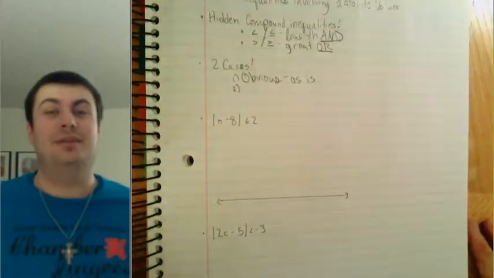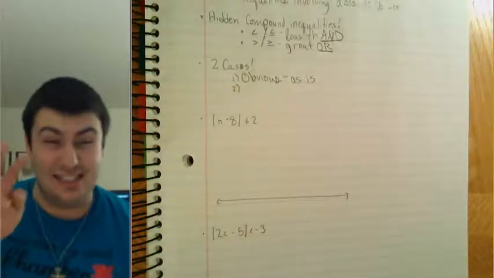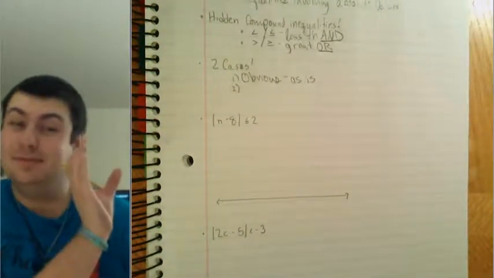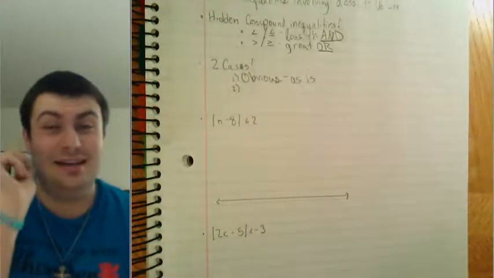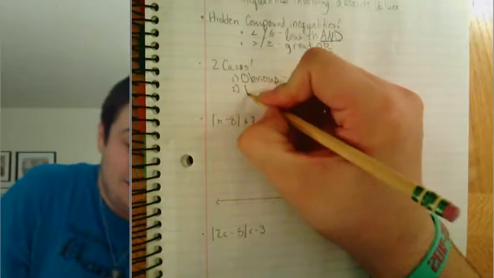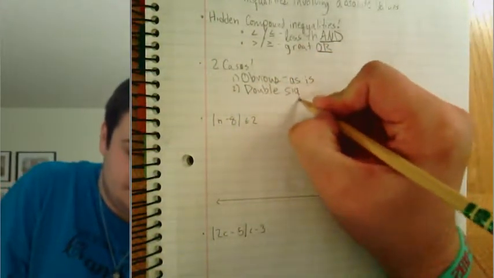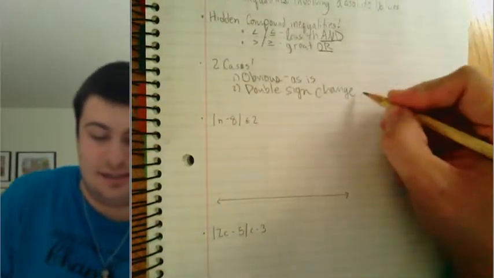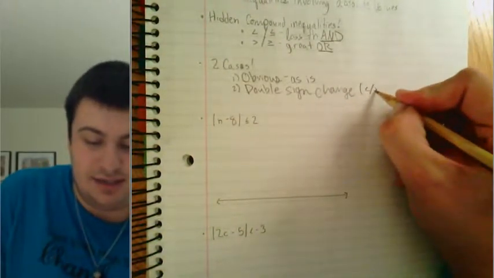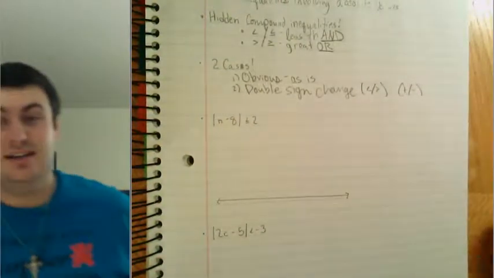And we would also have a case that we would call the sign change, where we take what's in the absolute value, keep it the same, equals, and change the sign. Well, in an inequality, we have the double sign change case. We change the inequality sign, and we change the positive or negative sign.